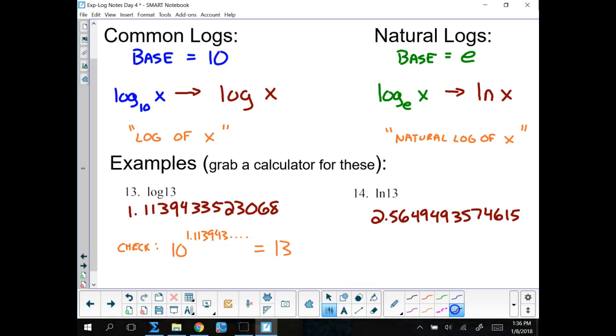And if I would take e to that power, I should get 13. Or if I round it, I should get something fairly close to 13.